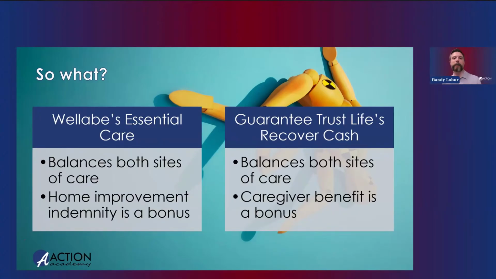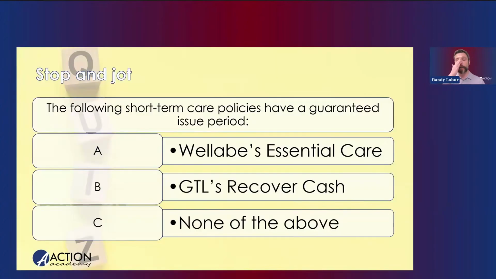But if you already have one of these on the table, say you're already appointed with Wellaby because you like their wider guaranteed issue range on their hospital indemnity plans, or you like having an additional med sup option in your pocket, it's nice to know about short-term care so you can put it in front of clients as you have those discussions. But I don't know. I would carry at least one of these, but carrying both of them, your mileage may vary based on what your clients are looking for here.